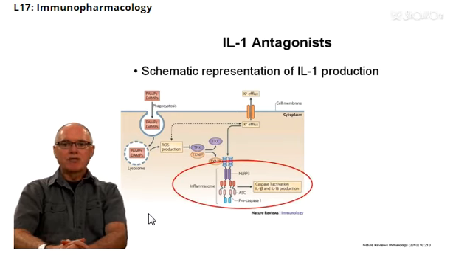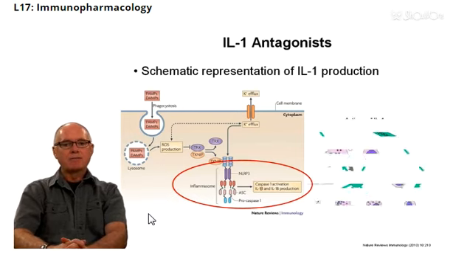After the production of pro-IL-1 beta, a second step converts the inactive pro-IL-1 beta to the active 18 kilodalton form. The conversion is mediated by a complex called the inflammasome. Activation of NLRP3 leads to proteolytic cleavage and activation of caspase-1, which then cleaves pro-IL-1 beta to IL-1 beta, which is then secreted from the cell.